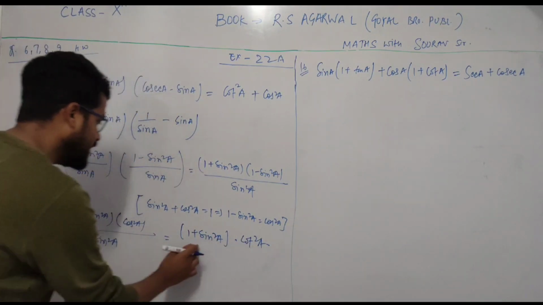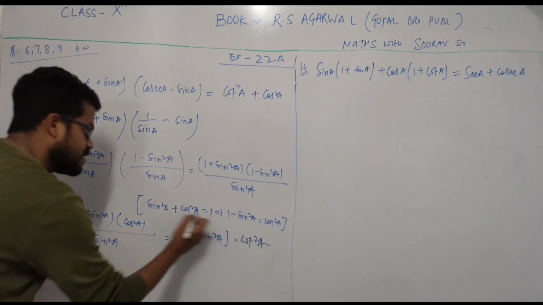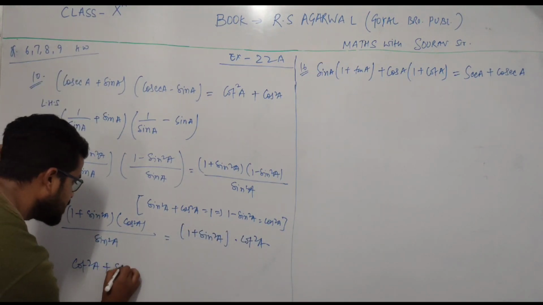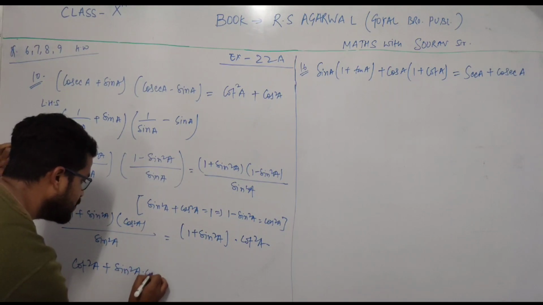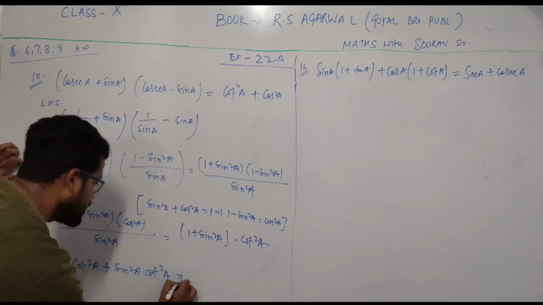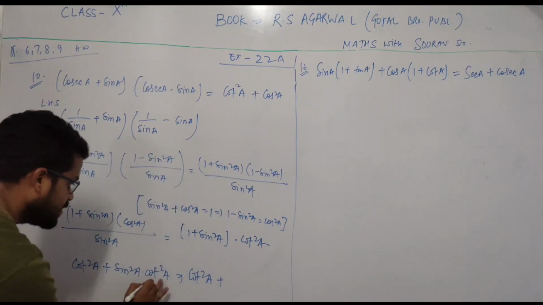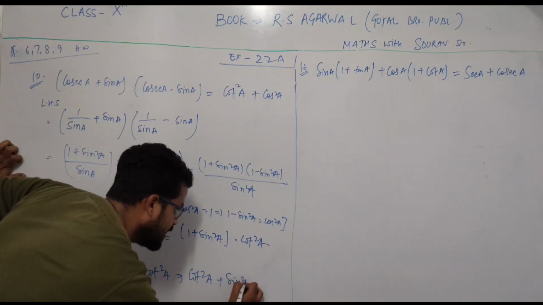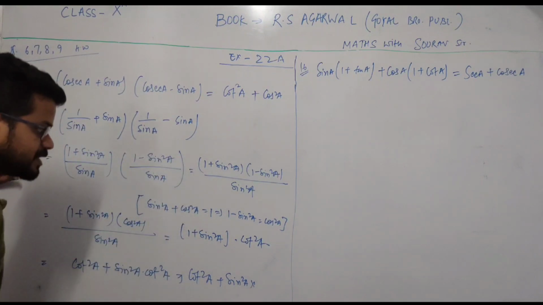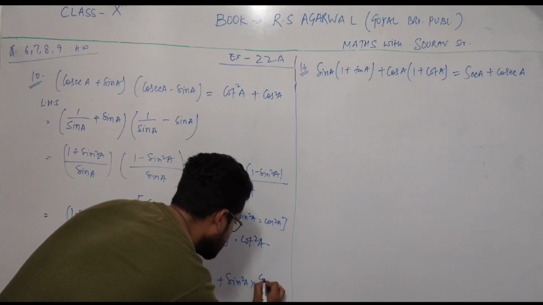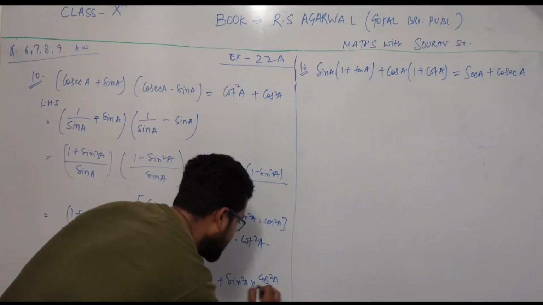Okay, if I multiply this, this one is cot square a plus sin square a into cot square a. So this is cot square a plus sin square a into, in place of cot square a, I write cos square a divided by sin square a.